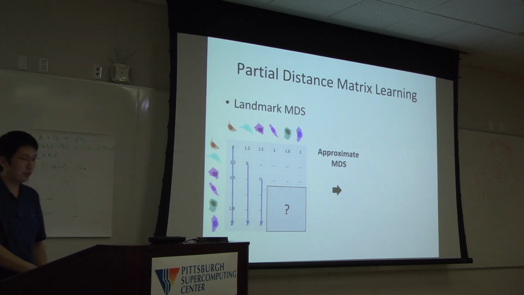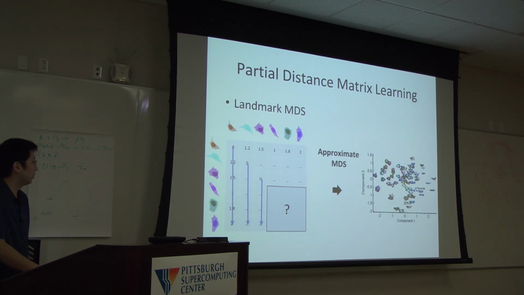Then we can use an approximate multidimensional scaling method to build a shape space. And in practice, we found the shape space using this method is also good compared to the shape space of the full distance matrix.